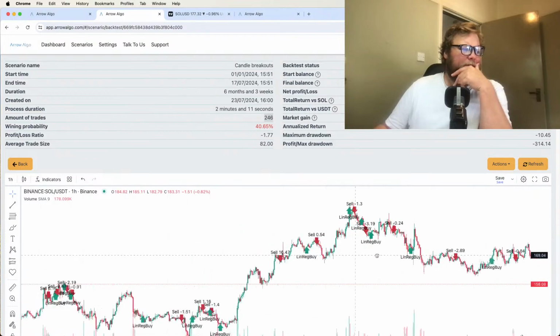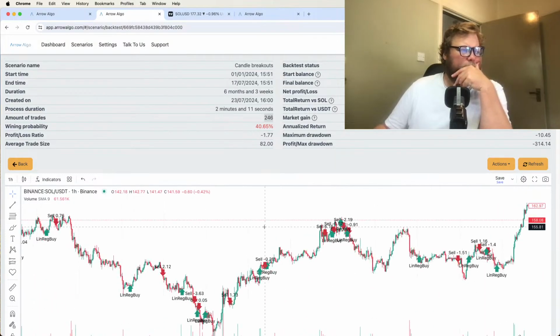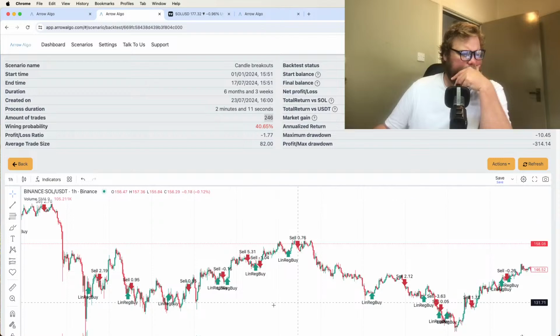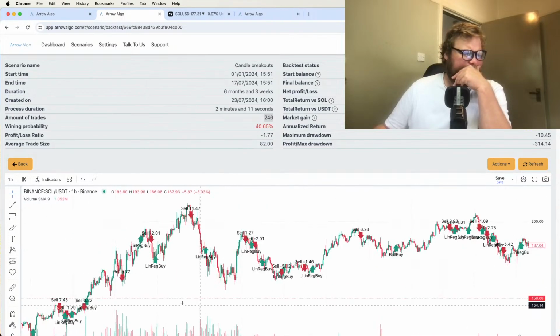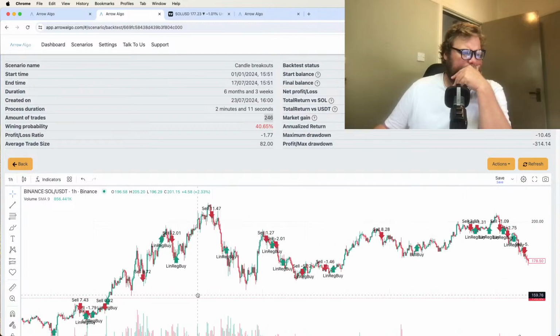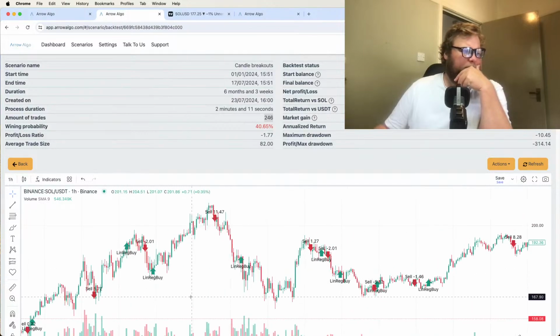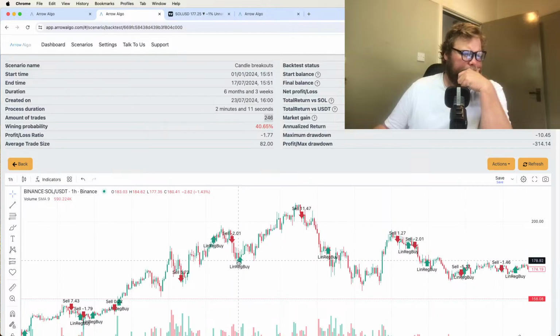As we get rid of the bad signals and hopefully try and keep some of the good ones, that win rate will come up as well. So that was a nice signal. Buying at the bottom, selling at the top.